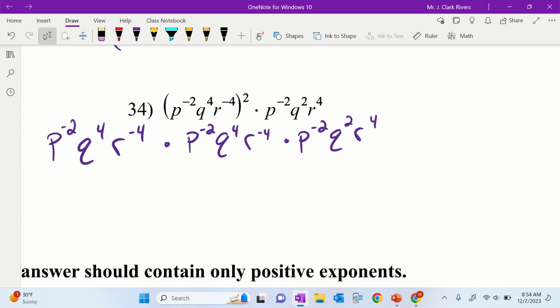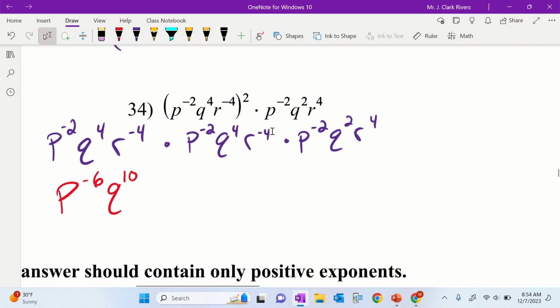Okay, so let's go through and add the exponents for each. P to the power of negative 2, p to the power of negative 2, p to the power of negative 2. That's negative 2 plus negative 2 plus negative 2. That's p to the power of negative 6. Q to the 4th, q to the 4th, q squared, that's 4 plus 4, that's 8 plus 2 is q to the power of positive 10.